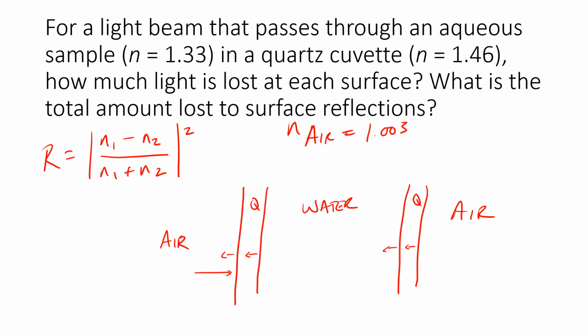It's less than air to glass. Yeah, I will be the first to go, since if I'm wrong, I'm okay with it. 0.035, because it's 1 minus 1.46 over 2.46 squared.